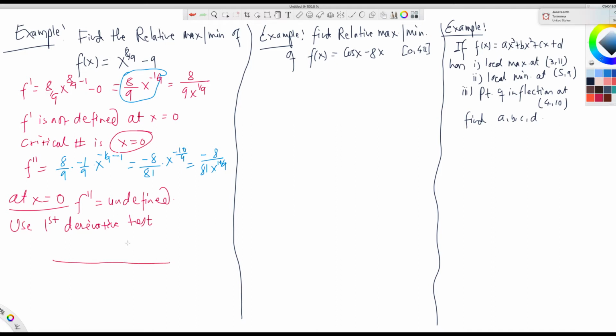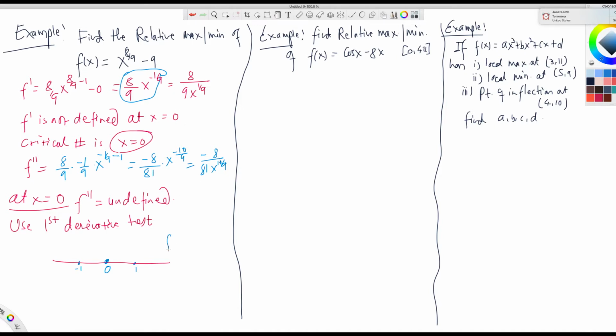So the point that we are interested in is 0. Okay, so we'll take a test point on the left of 0 and right of 0, negative 1 and positive 1. So if you plug in negative 1, what do you get? I mean, we'll plug into the first derivative, right?